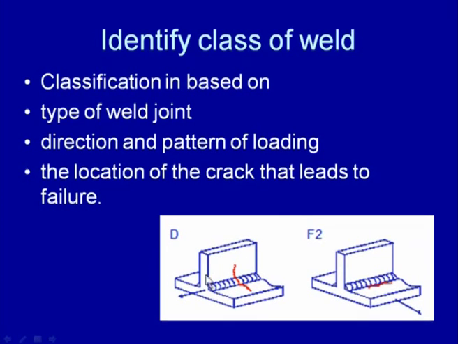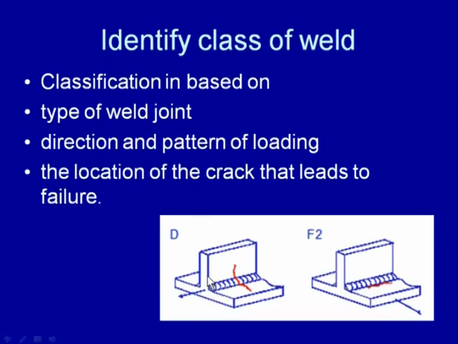So, if we have to classify these two situations where the same type of weld joint is made, but depending upon the kind of loading direction and the way by which the crack grows in the two cases, the joint where the load is acting along the length of the weld is categorized as D class, and when the load is acting perpendicular to the weld length, the joint is categorized as F2 class.